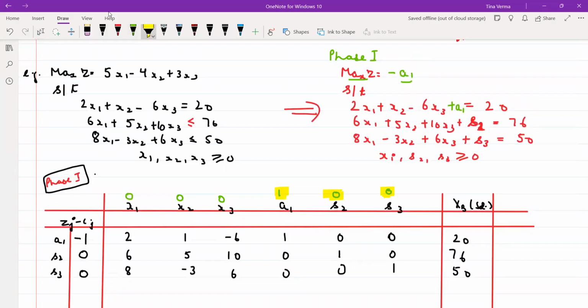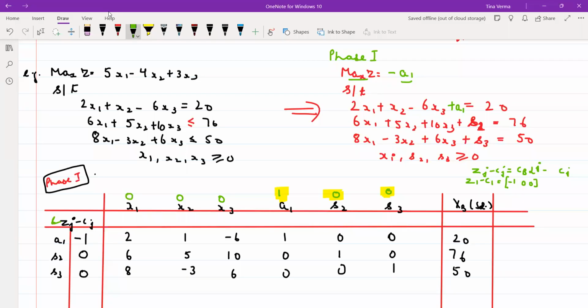There is no problem in S2 and S3, but correspondingly A1 should be 0. I have already explained you can use row operation or the formula zj minus cj, which is Cb alpha j minus Cj. So if I want to calculate Z1 minus C1, I'll calculate it for 1, and I'll also show you the row operation, right?